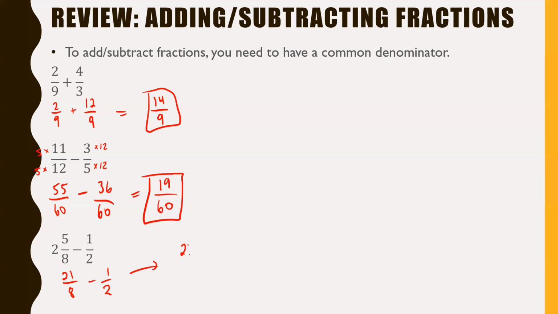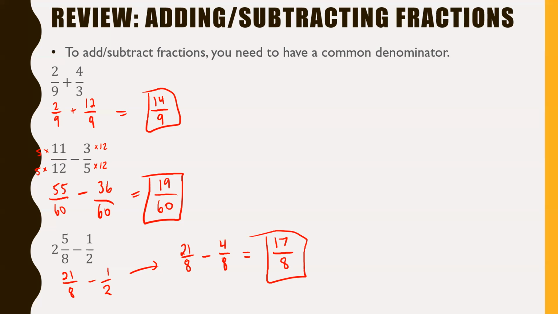So 21/8 minus 4/8 is 17/8. That right there would be our answer. The reason we care about this today is that when we talk about tolerance, there's a lot of tolerances that are given as a fraction.